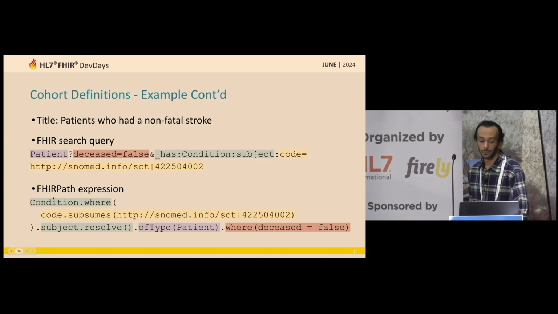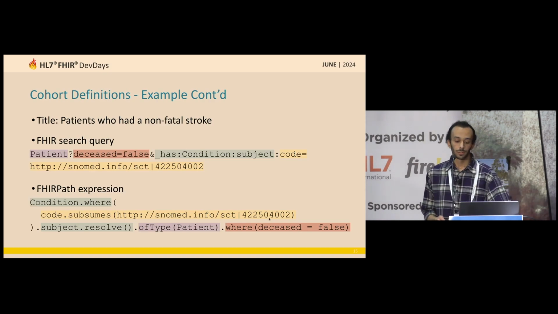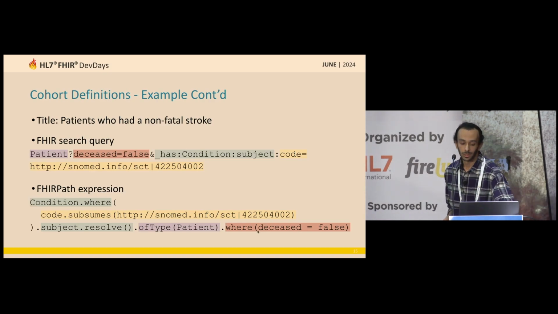For example, in the FHIRPath, we're getting the condition, and then filtering according to the code for the stroke, and then resolving the subject, and then doing a where on the deceased field. This is not very accurate because usually you would also need to check if the deceased date time is not set, but it's just for demonstration here.